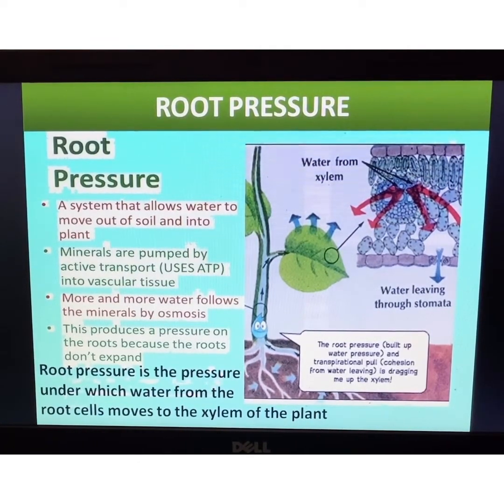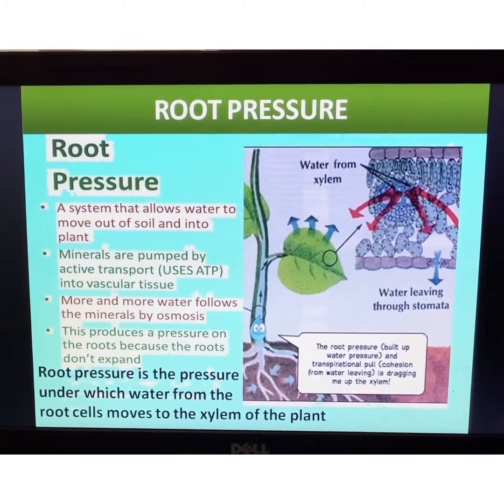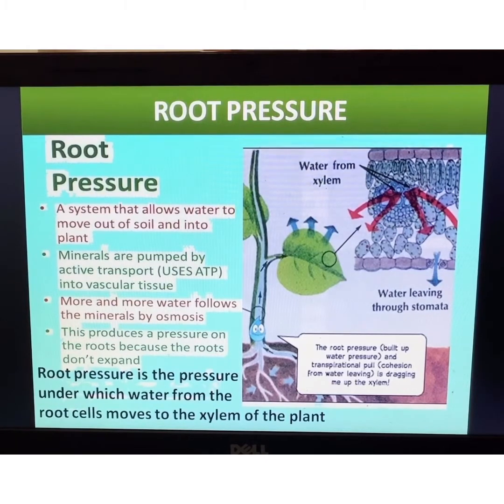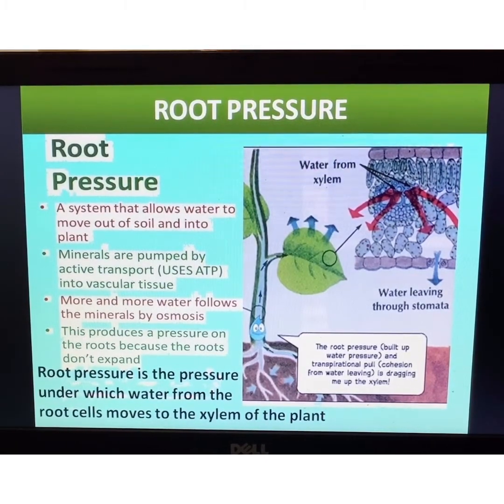This is also called reverse osmosis. Osmosis is movement from higher concentration to lower concentration, but reverse osmosis means it moves from lower concentration to higher concentration.